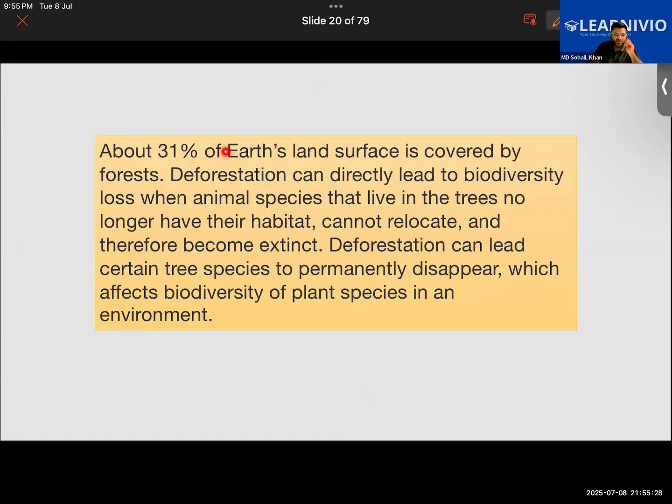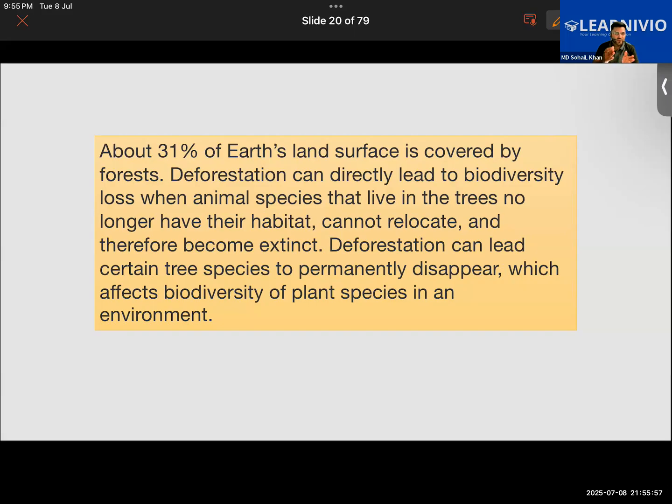About 31% of the Earth's land surface is covered by forest. And deforestation will directly lead to loss of biodiversity, because when the trees are felled, most of the animals will no longer have their habitat, and unlike we humans, they cannot relocate very easily.